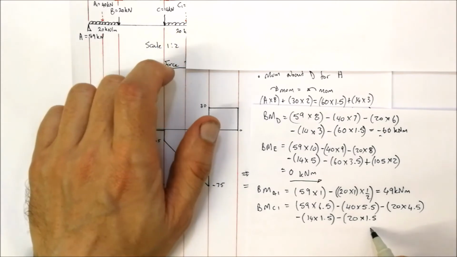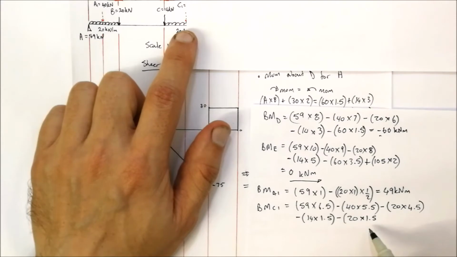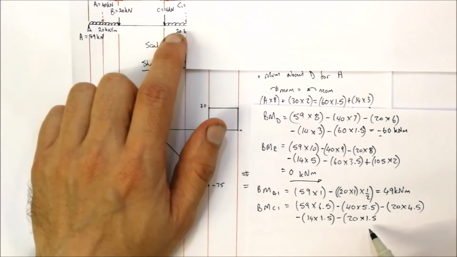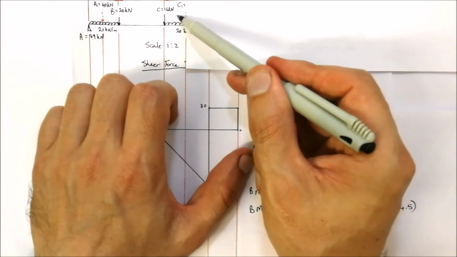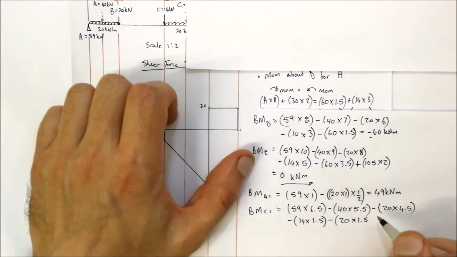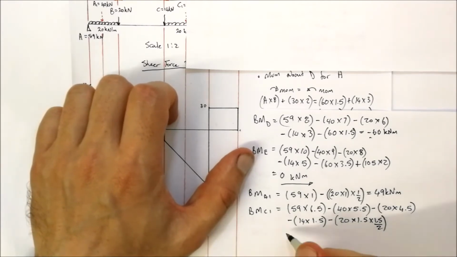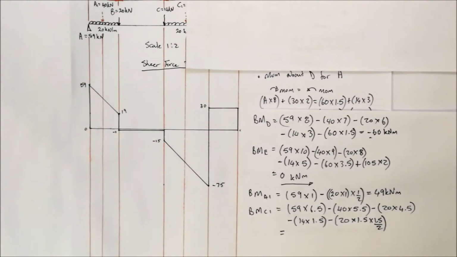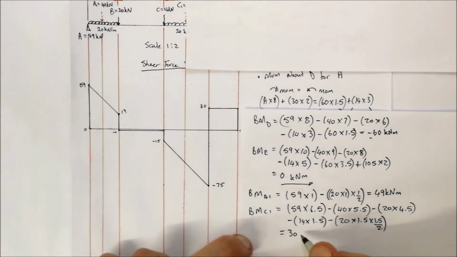Okay, so this 1.5 meters is only taken into account the total distribution from C to C1. We've got to look at that load, which will obviously be in the middle of C and C1 over there. Okay, so that's going to be the middle of 1.5. Okay, so we need to multiply that by 1.5 divided by 2. Alright, so if we do this calculation, we get a value of 30 kilonewton meter.